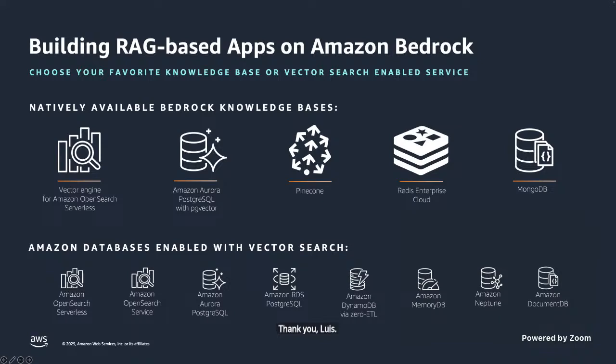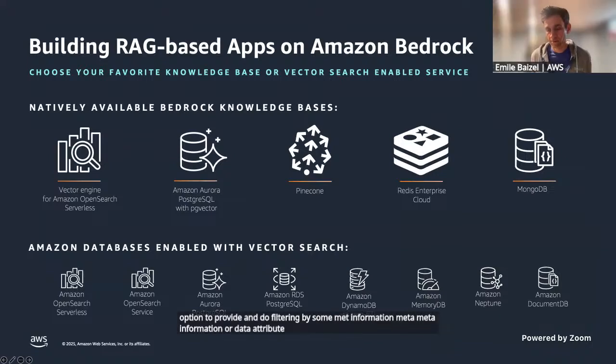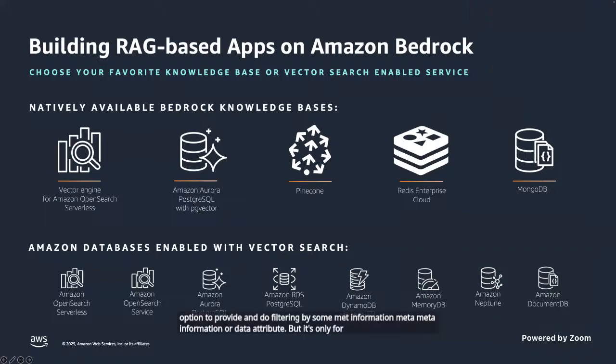Emil, I wonder, is it possible to partition a knowledge base, I mean the vector space? From the documentation, there is an option to do filtering by some metadata attribute, but it's only for RDS, as I know. The serverless vector database is available only for OpenSearch.